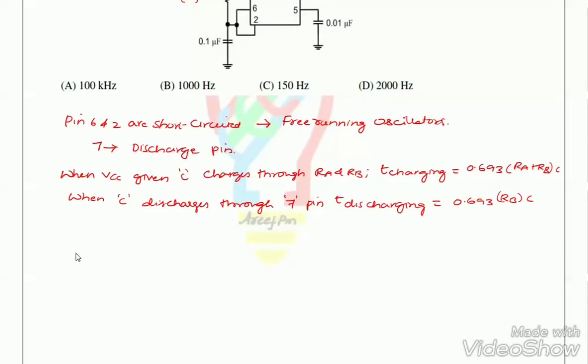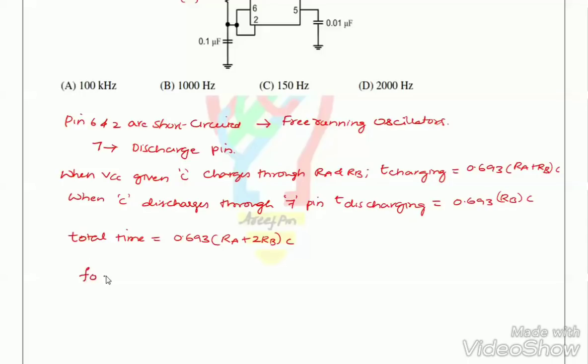Now the total time taken for charging and discharging, so total time is equal to 0.693 into RA plus 2RB into C. So these two added together means total time.